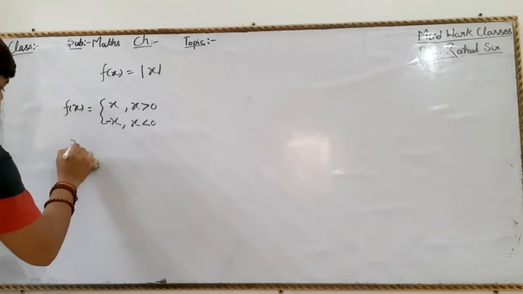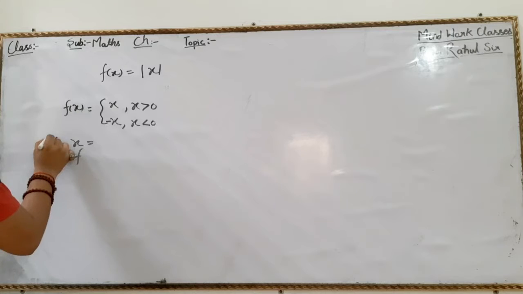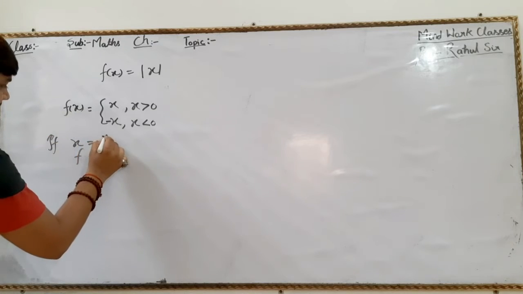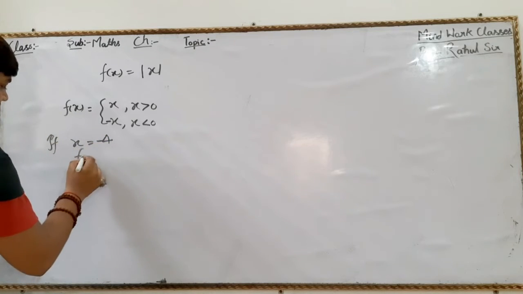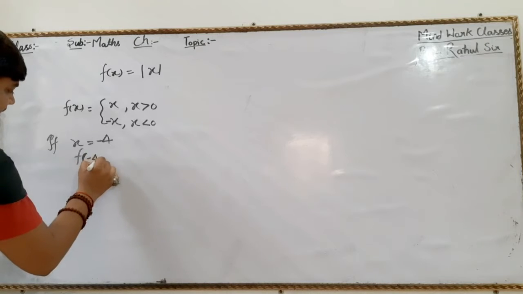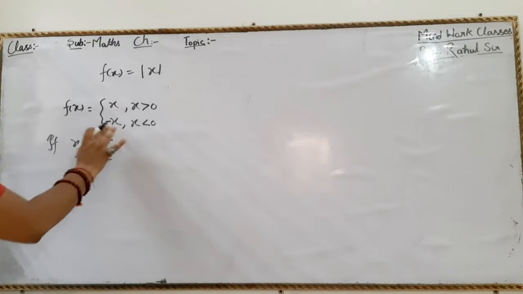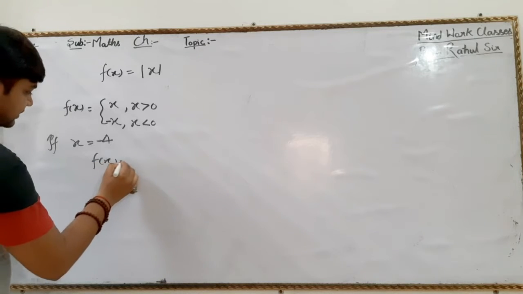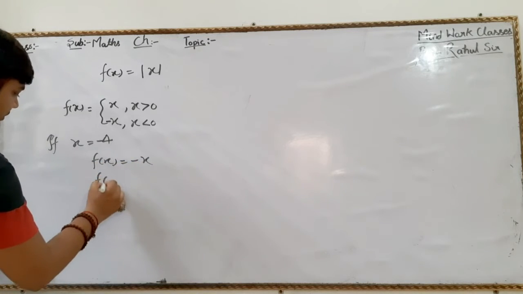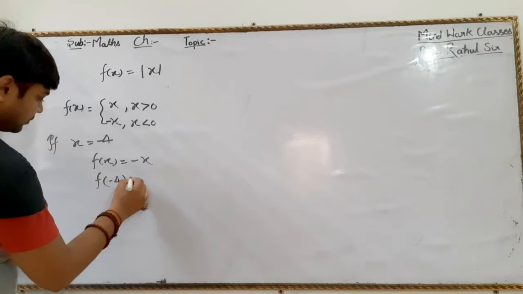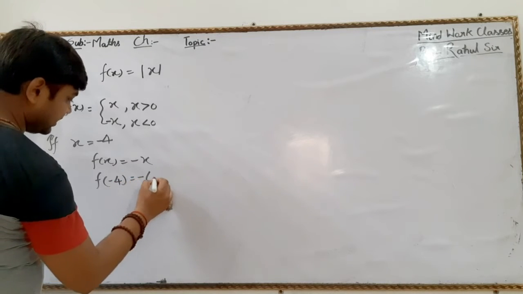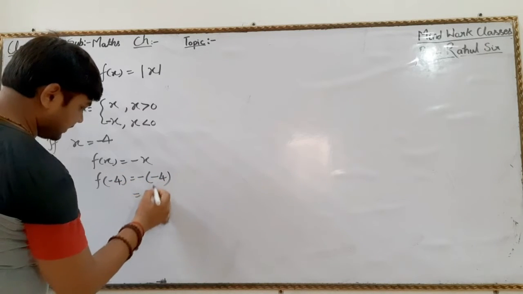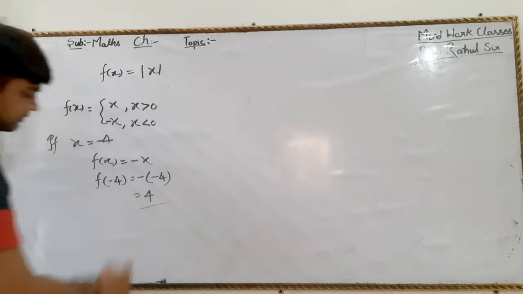In that case, if x is equal to minus 4, then f(minus 4) will be equal to minus x, or we can say here f(x) equal to minus x. So f(minus 4) is equal to minus (minus 4), and that will give plus 4.